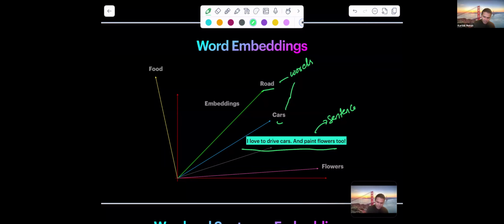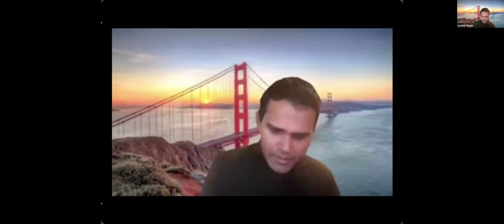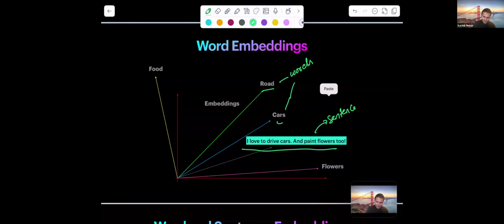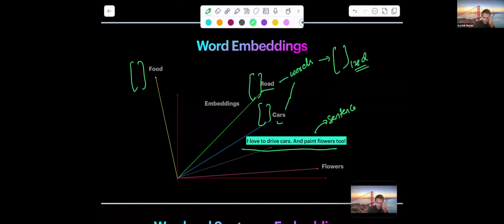Let's say we have a word embedding that's 128 dimensions. So we have an embedding for food, for road, for cars, and for flowers. But I'm wondering how to embed this sentence. So how would you do that?